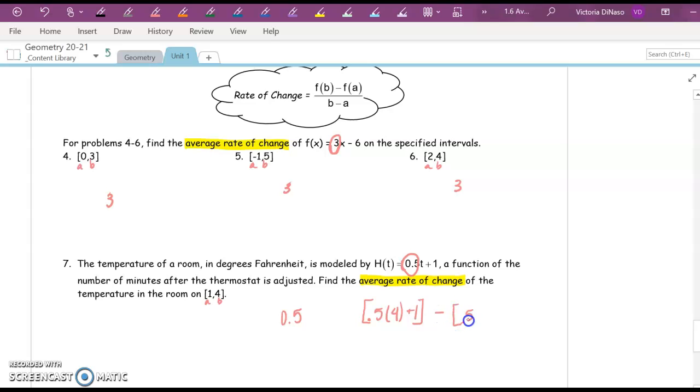So we have 0.5 times 1 plus 1, all divided by 4 minus 1. So we would be using that rate of change information in my bubble in order to find the correct answer. But either way, you would get this answer of 0.5.